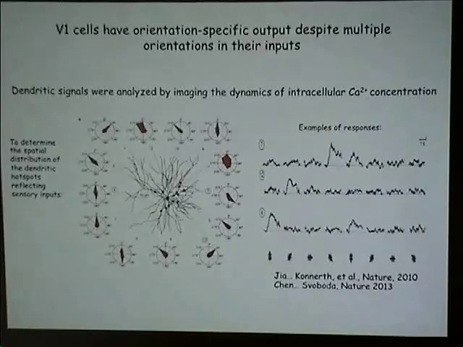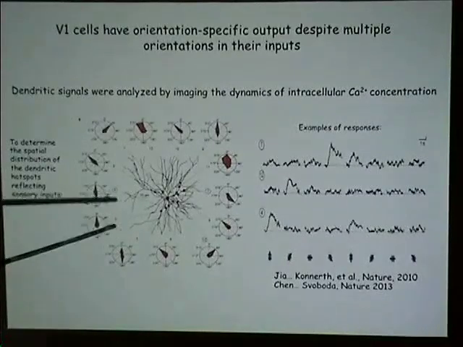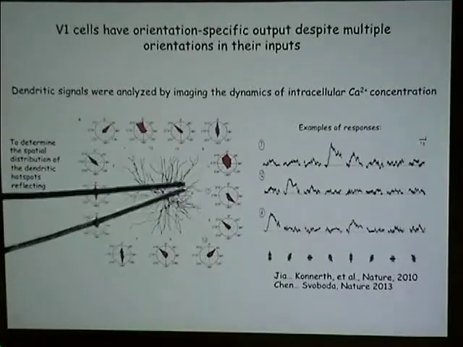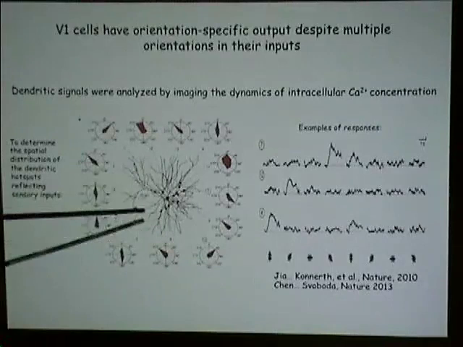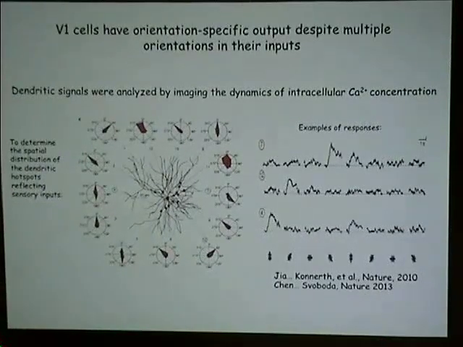This is a figure from a paper from the Konnerth lab, in which they were able to record inputs on spines on different parts of the dendrites with a calcium imaging technique, at the same time as they were able to patch and record the output of the cell electrophysiologically.